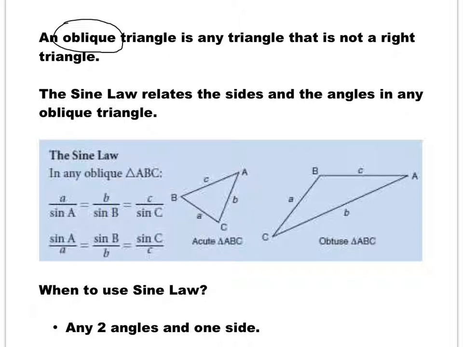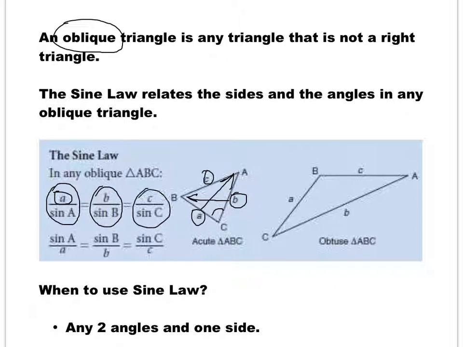We said that the sine law says we can write an equivalent ratio between the length of any side, A for instance here, divided by the sine of the angle in front of it, which is angle A, so A over sine A. The same way we can say B divided by sine of the angle in front of it, which is sine B. And the same way C divided by the sine of the angle in front of it, which is sine C. This is one form of sine law.